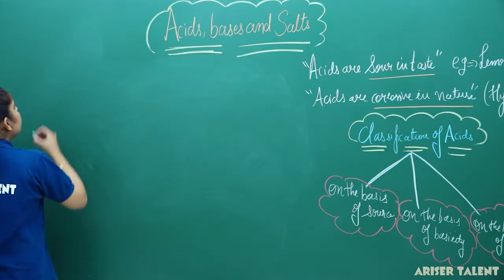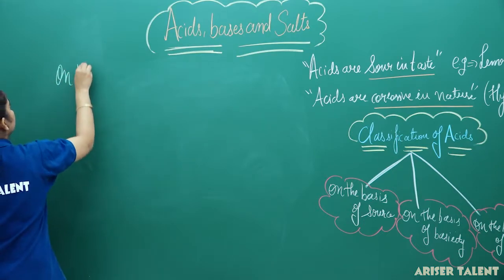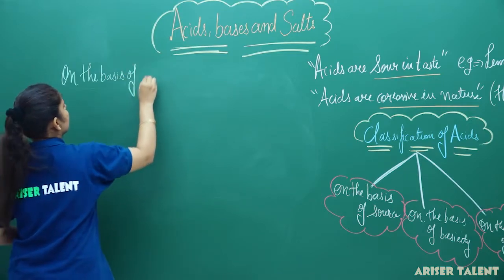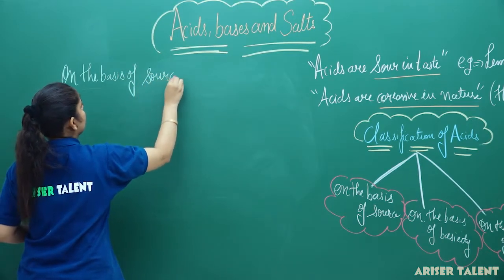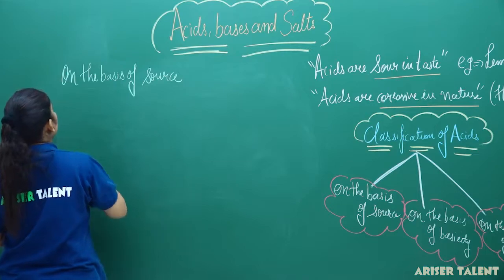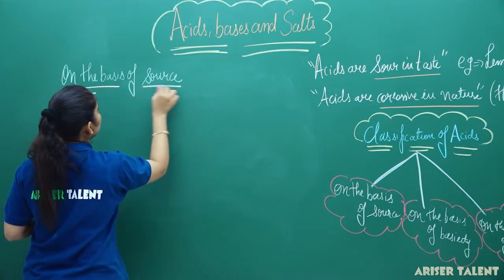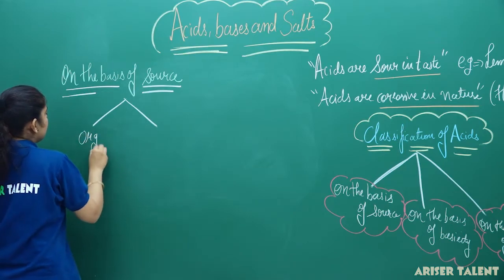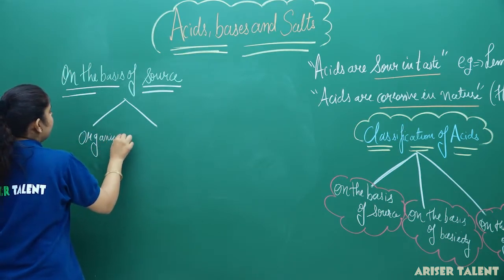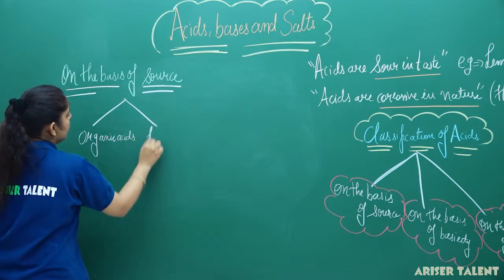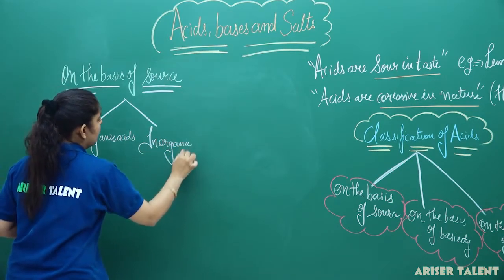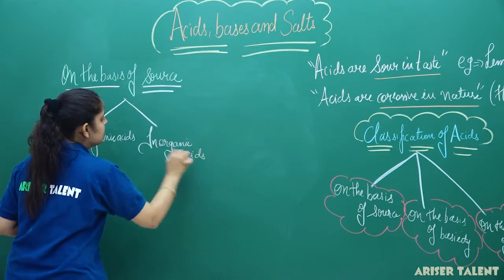So on the basis of source, we have two categories of acids, that is organic acids or inorganic acids.